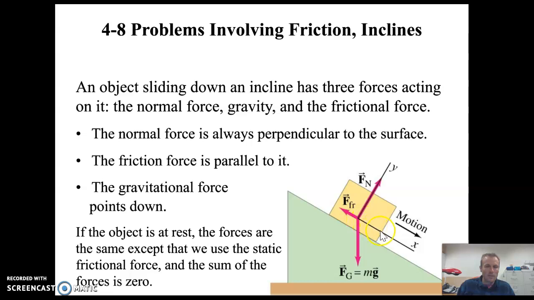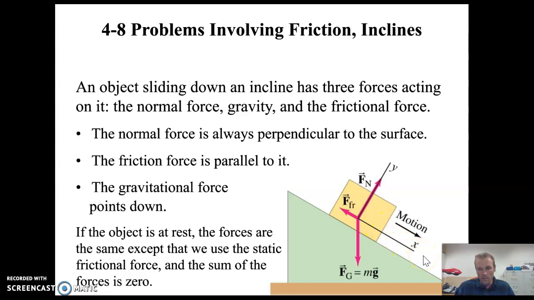We need to take gravity and resolve that vector into components so that one of the components is parallel to the surface and one is perpendicular to the surface. So part of the object's weight is going perpendicular, not straight down, but down this direction into the ramp, and part of the weight is wanting to pull it down the ramp.